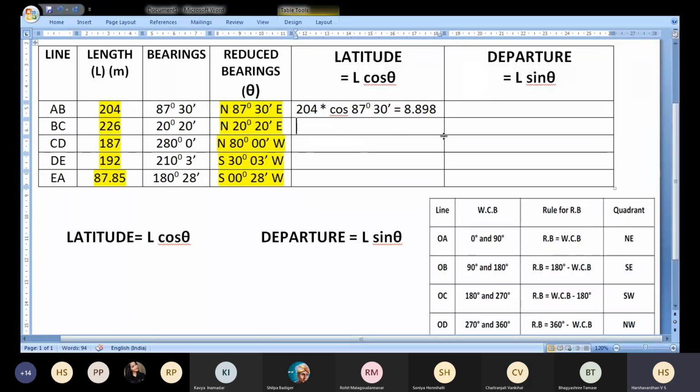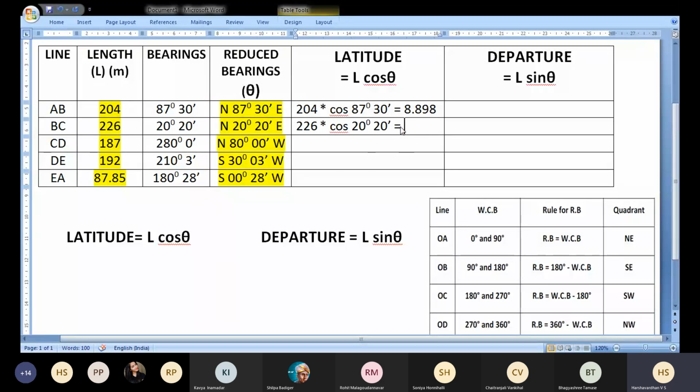Okay. For the next line, length is 226 and cos of 20 degrees 20 minutes. Please tell me what is the latitude.